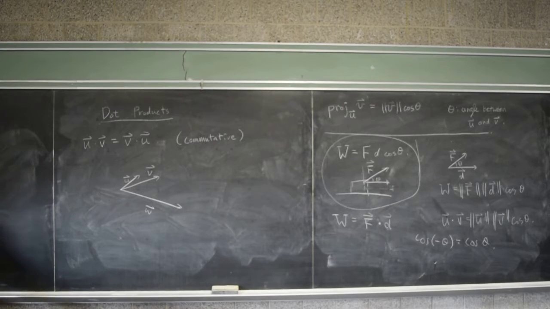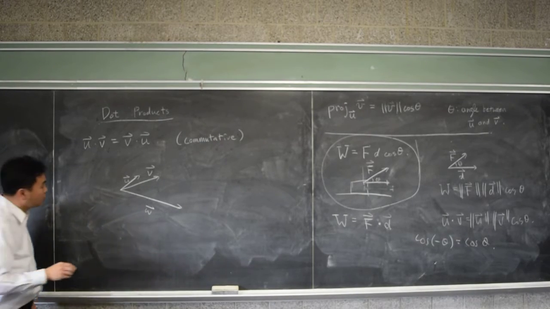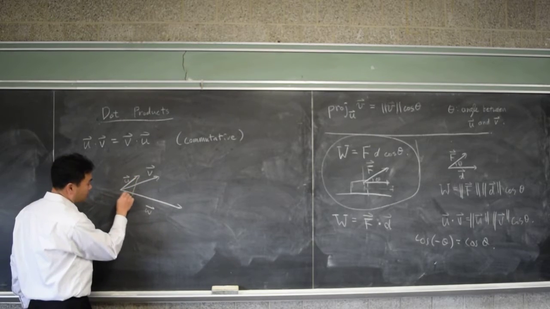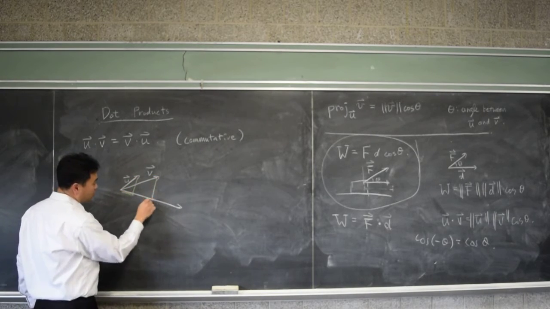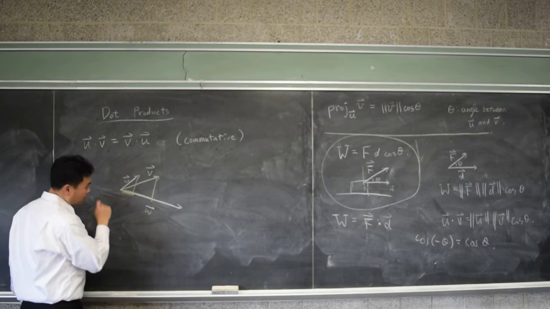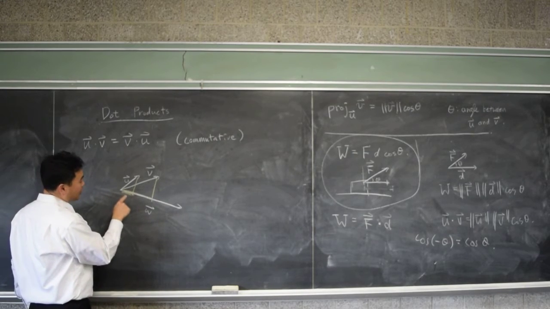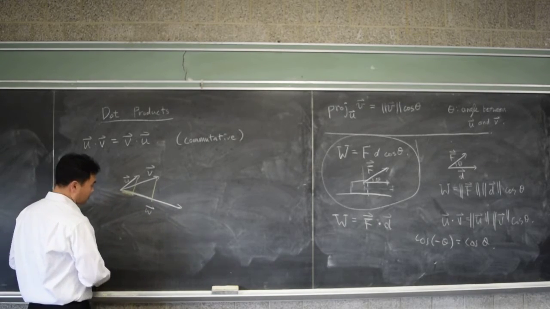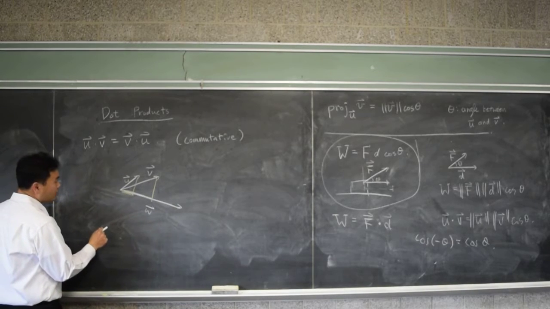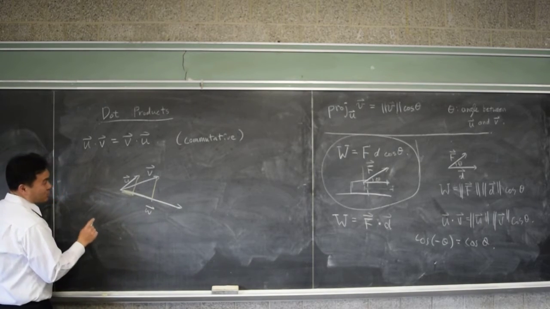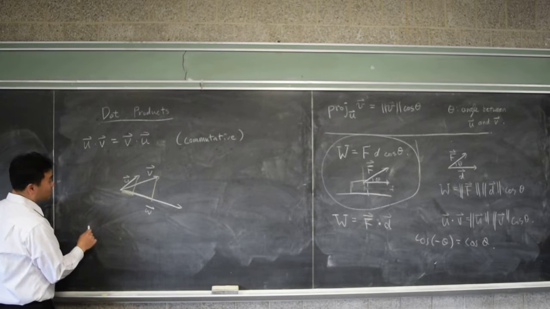Now, if you project the first thing, project the second thing, and then multiply. So let me first write down the distributive property. That's easier to explain.